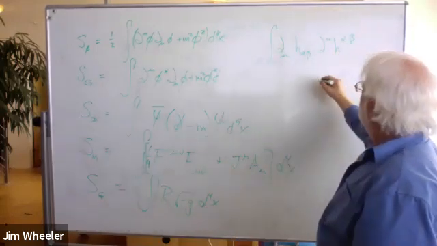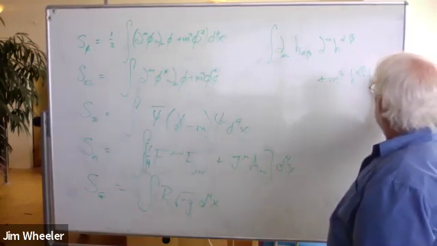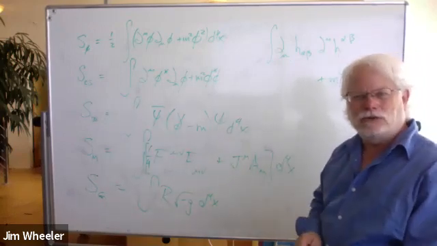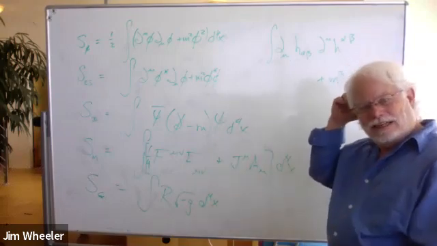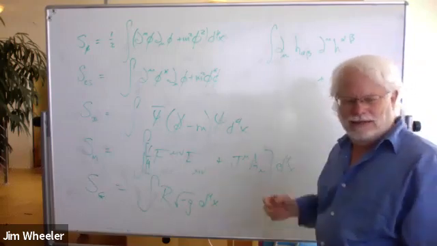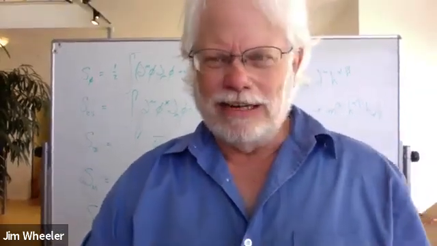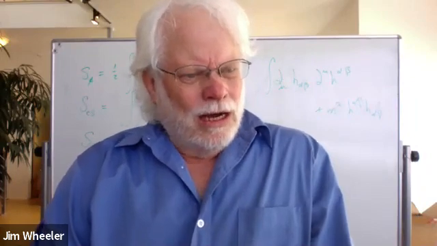You could even give it a mass if you wanted. Something like that gives you a linear field equation. You can quantize that. That's not really a problem, I don't think. But the nonlinearity in general relativity makes it pretty hairy.